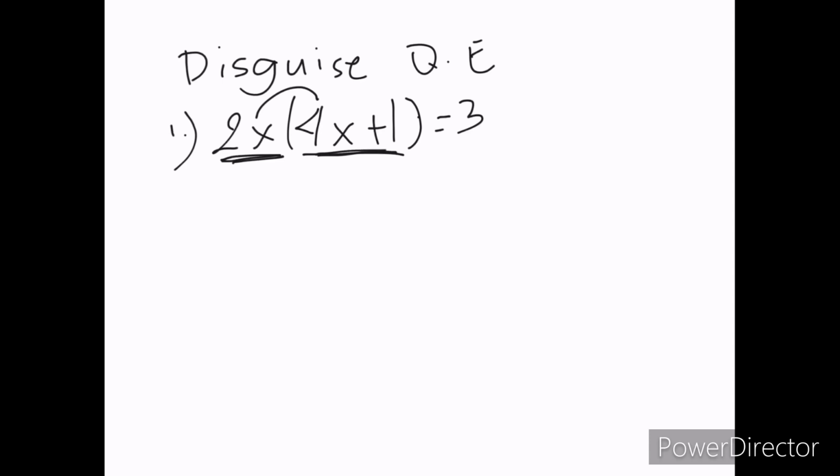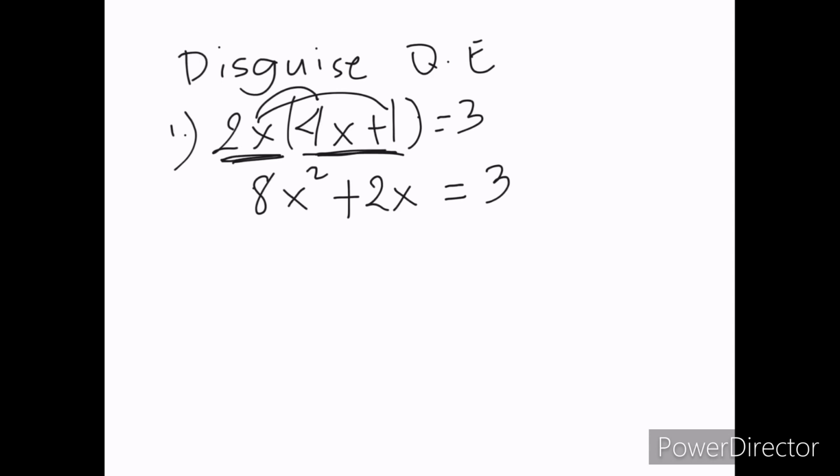So 2x times 4x is equal to 8x squared. Then 2x times positive 1 is plus 2x. And copy the equal sign, and then copy the 3, the constant term.